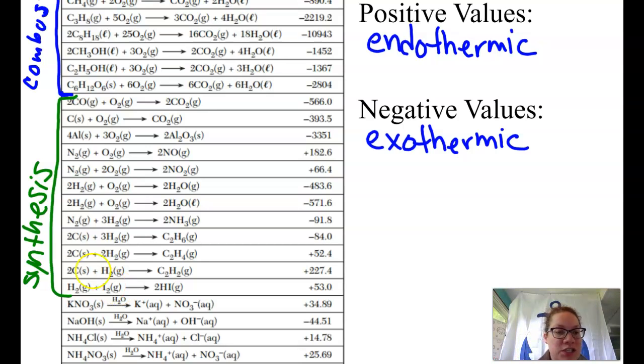So this section you should recognize are all written as synthesis. But what you should know is that when you have the reverse of a synthesis and you do a decomposition, if the forward reaction is endothermic, the reverse will be exothermic and will give off the same amount of heat that the forward reaction absorbed.